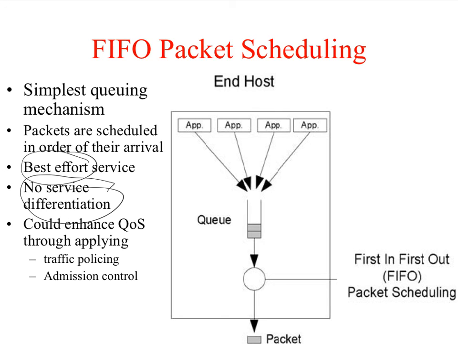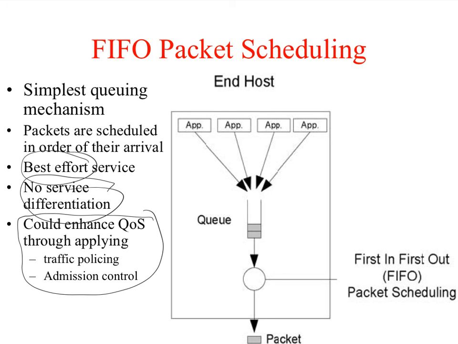So the only way for us to provide, this is a very important section here. We can use best effort with no special packet scheduling, but we can provide a certain level of quality of service in that case. How?